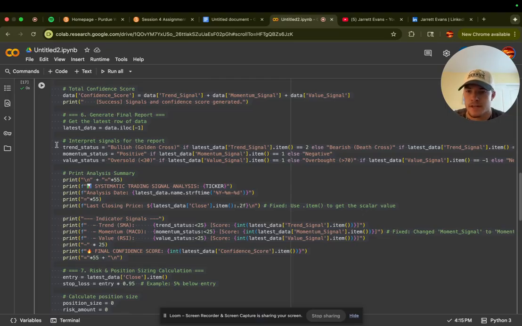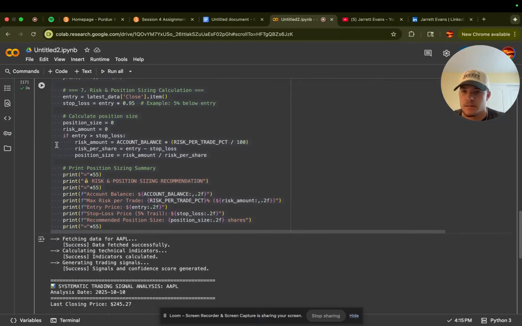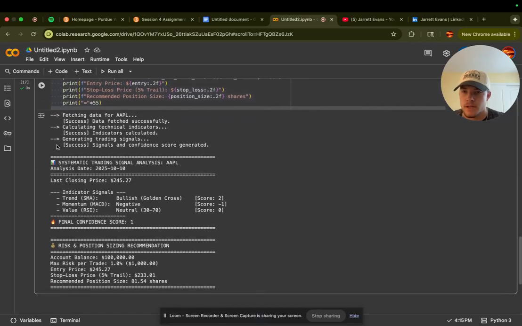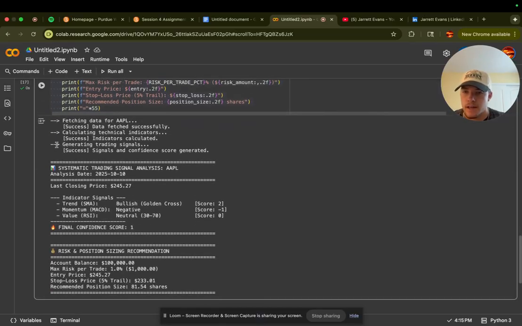The script uses the entry price of $245.27, and it sets a sample stop loss 5% lower, at roughly $233, and the difference is about $12.26 of risk per share. So we'll see that down here.